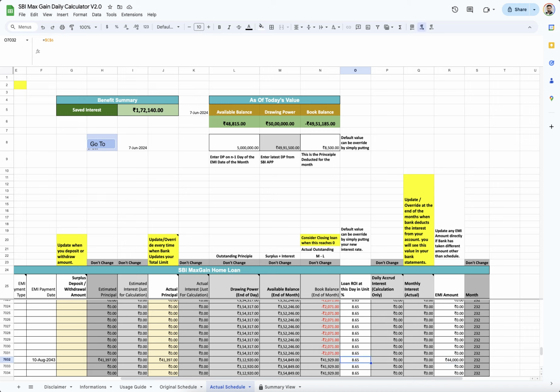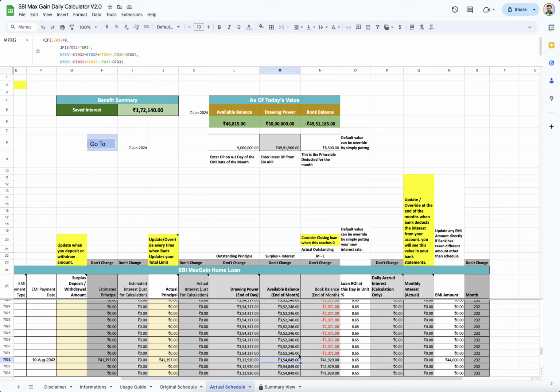The moment it comes to your OD account, it will be added to your available balance, and then the principal amount for that particular month will be deducted. So your available balance will be calculated that way.